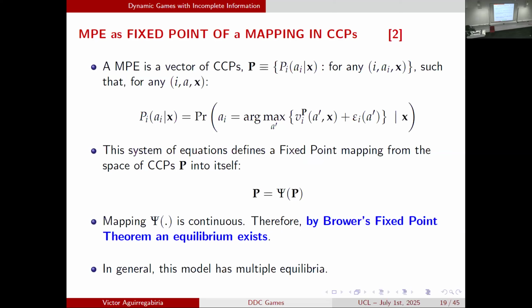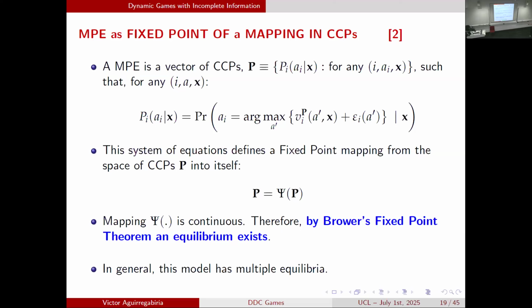Then the model can be described as a fixed point mapping in terms of the CCPs of all the players, over all the actions and over all the states X. That's what this compact fixed point mapping represents. Basically, this mapping for every player i, every action a, at every state X.